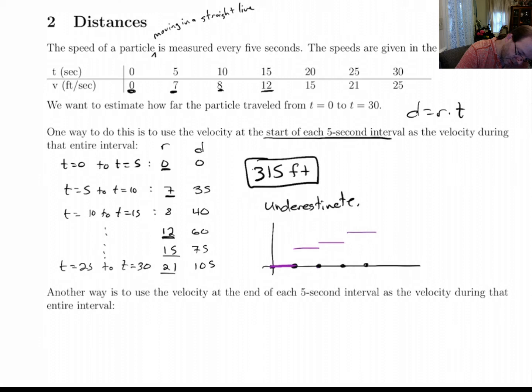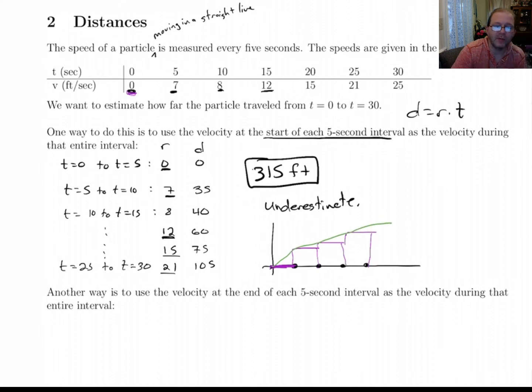So really what we're doing is finding the areas of these rectangles using the left endpoints, because we're starting at the left endpoint, the beginning. The actual function here would look more like this.